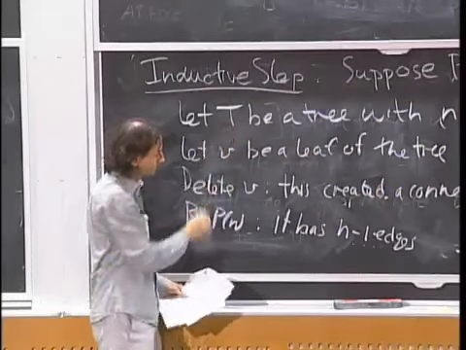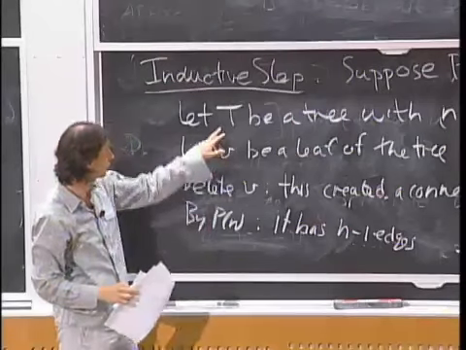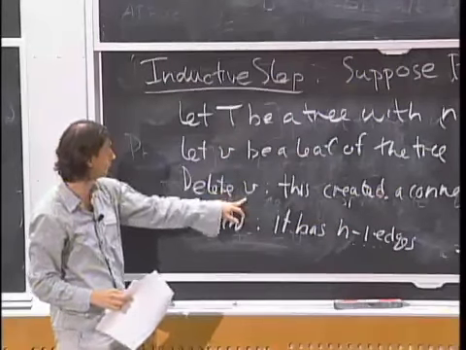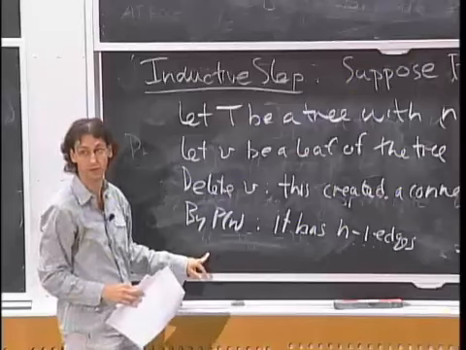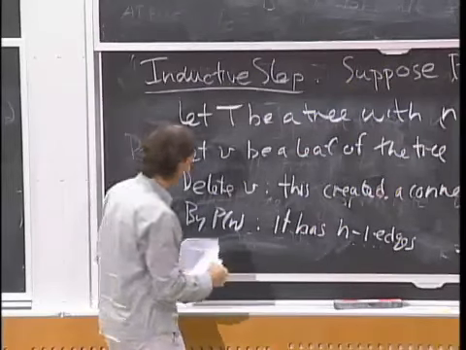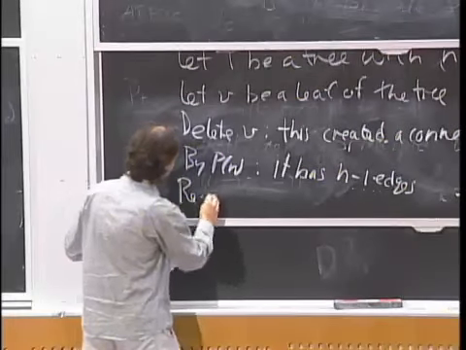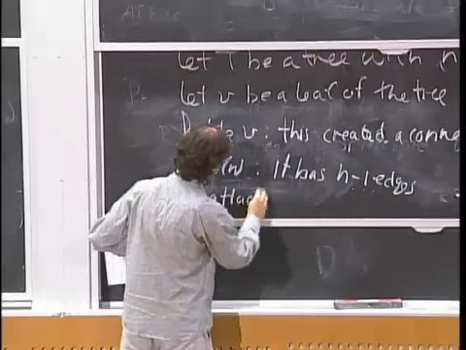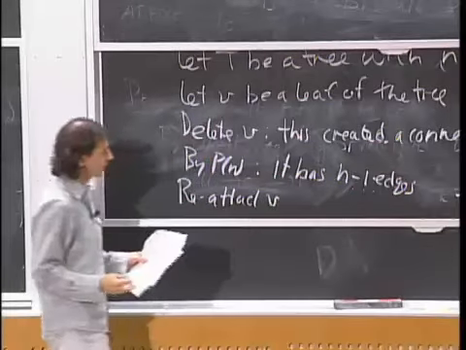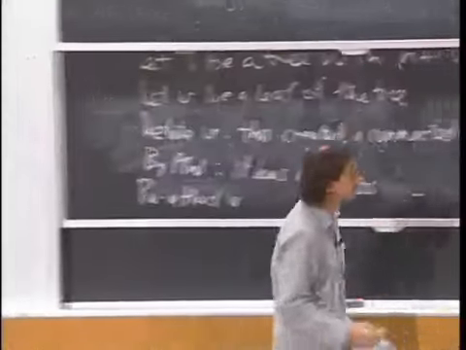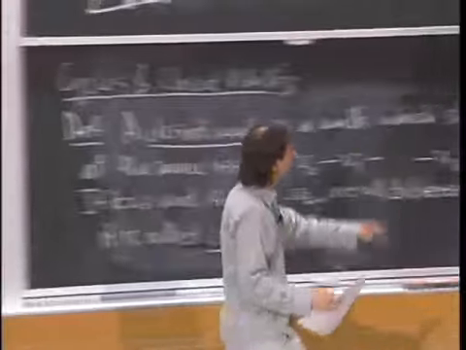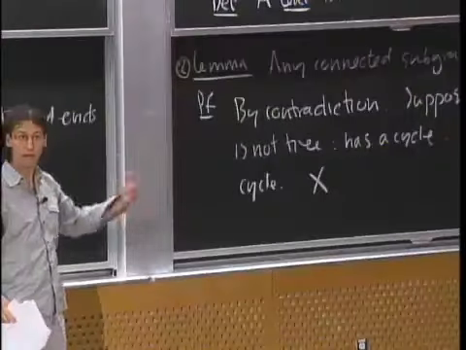So how do we do this? Well, we have to somehow reconstruct this tree. We have deleted V, so we have to reattach V again. So let's do this. So we reattach V. And if I do this, well, let's look at this example over here. I reattach the leaf. I will add one more edge.